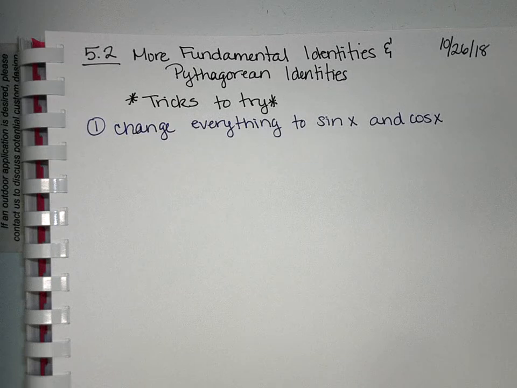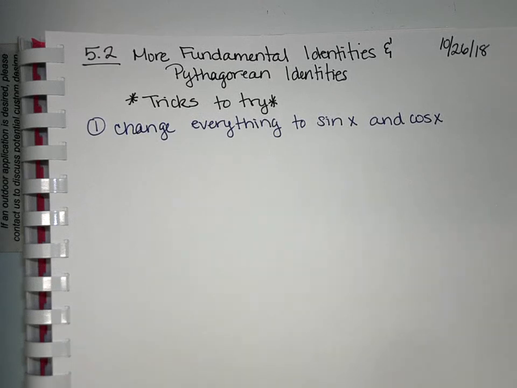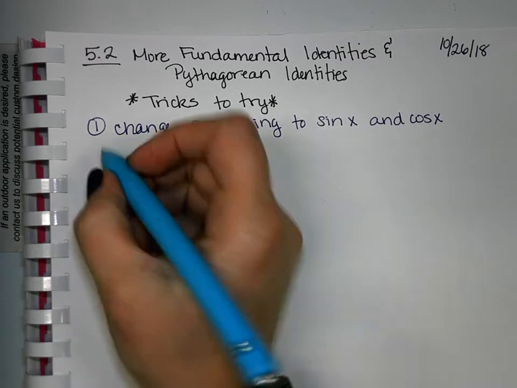Try to get everything to be the same sine cosine functions. That's really helpful because it'll help you see things that might cancel or that you have a common denominator and you can add them together. So that's why sometimes sine and cosines are really nice to get everything into.